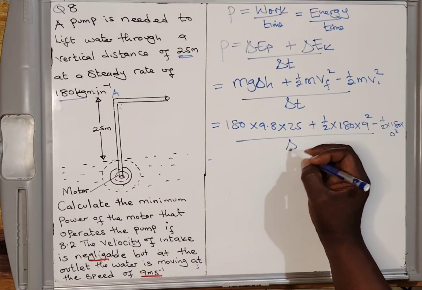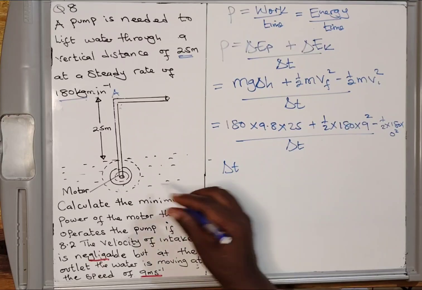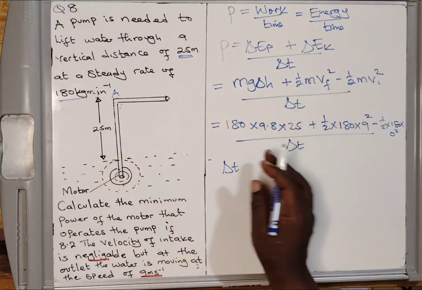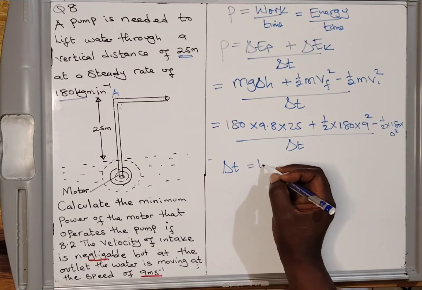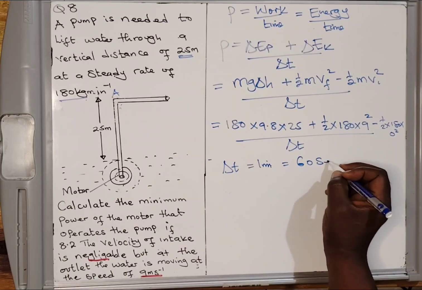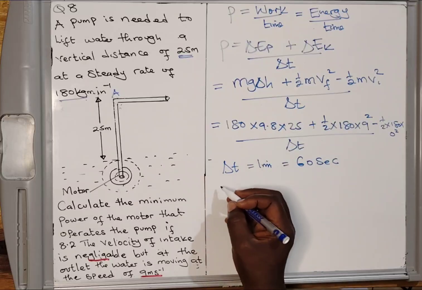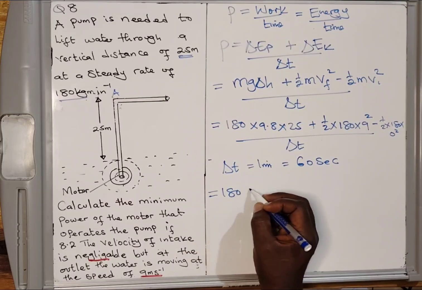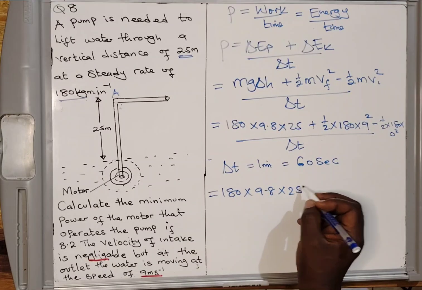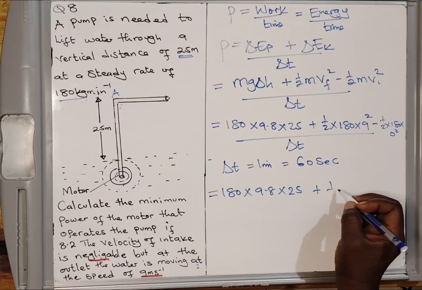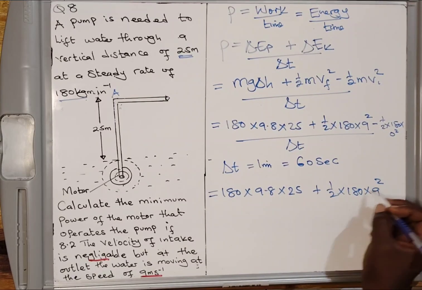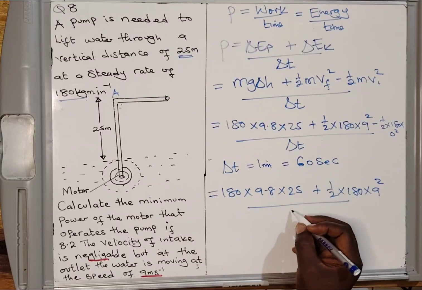Delta T. You have to remember that ejection of water is per minute. Whatever work we are talking about here is per minute. So delta T is 1 minute, which is 60 seconds. So our expression becomes 180 times 9.8 times 25 plus a half times 180 times 9 squared, all of it over 60.